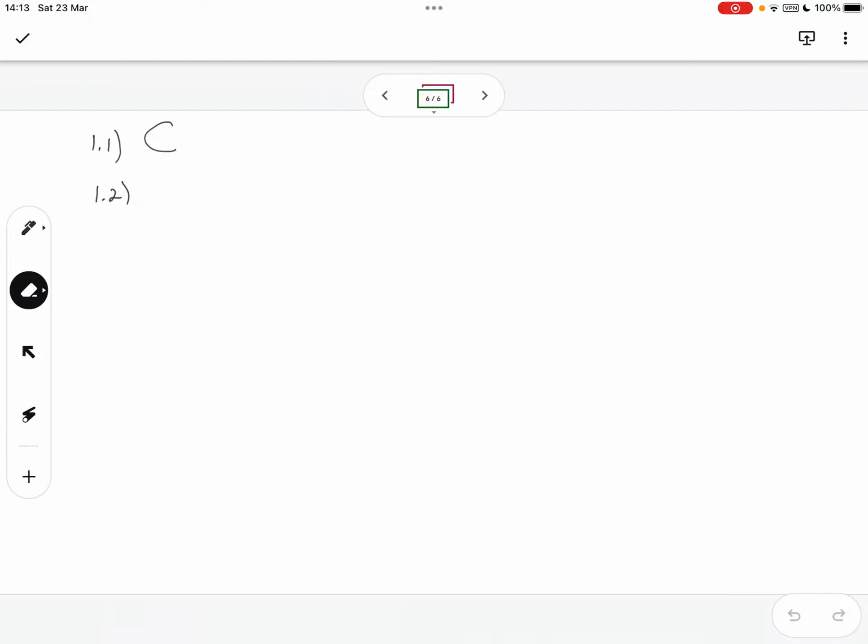Two types of saturated structures can be interconverted by substitution. It doesn't really tell us what it is, but it just means if you have a hydrocarbon, let's say a long chain.